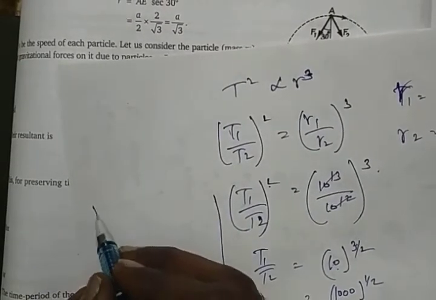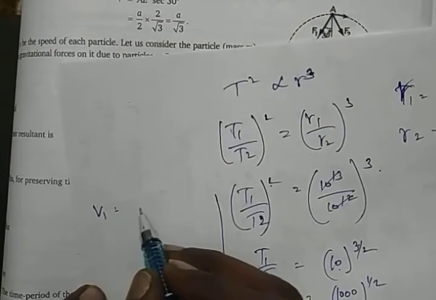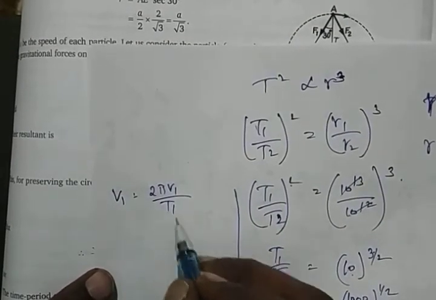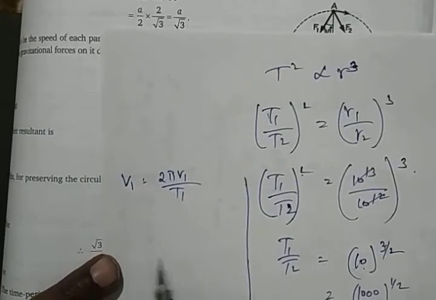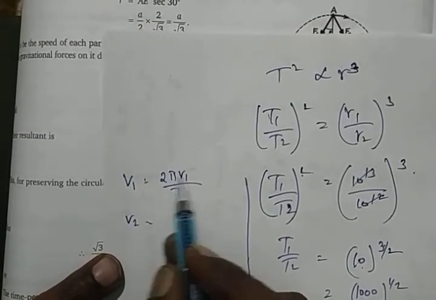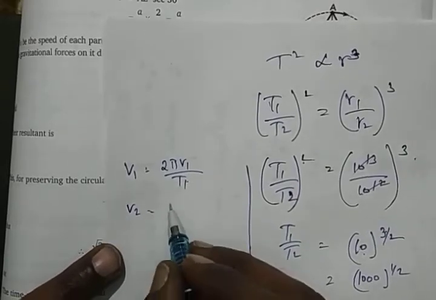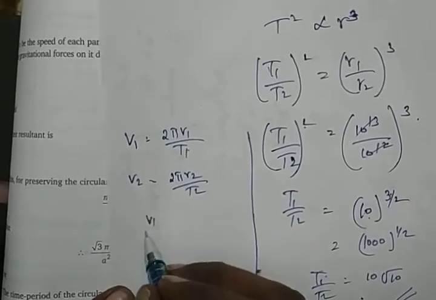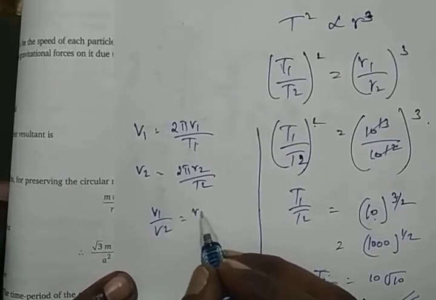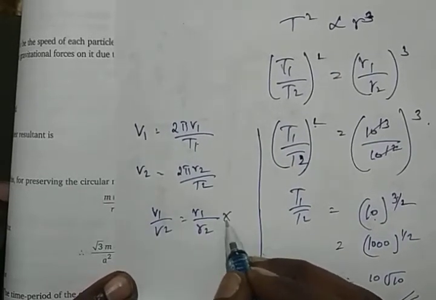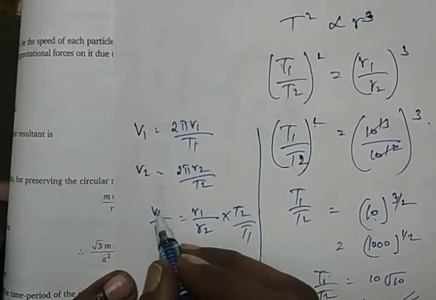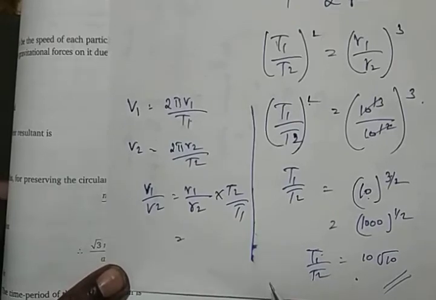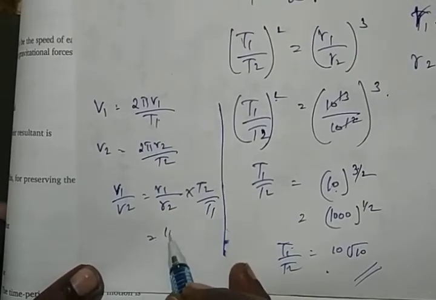So we know velocity 1 is equal to 2 pi R1 upon T1, and velocity 2 is equal to distance, the circumference, upon time, 2 pi R2 upon T2. V1 by V2 is going to be equal to R1 by R2 into T2 by T1.